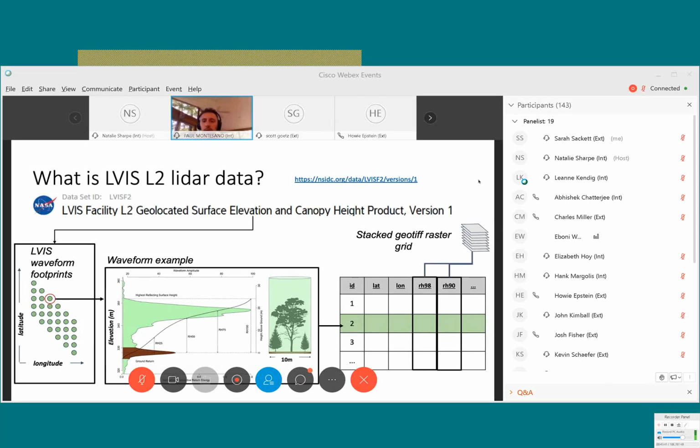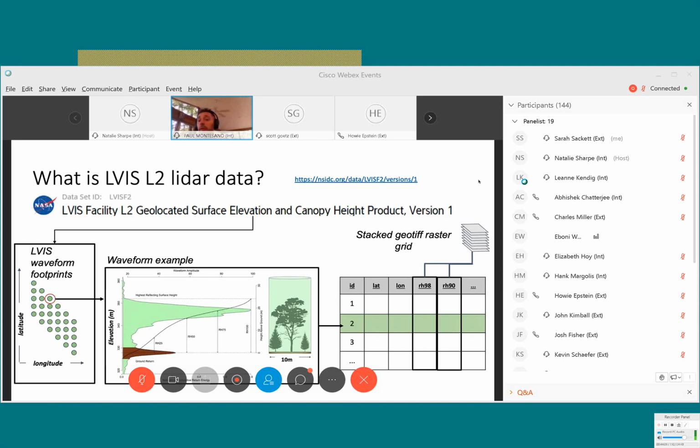So just a quick review, a refresher: what is GEDI data? Just a conceptual diagram here to remind us that GEDI is a native footprint level measurement. And within each footprint, you get this continuous waveform that describes the vertical column within the footprint. The level 2 GEDI data features geolocated surface elevations and canopy height metrics.